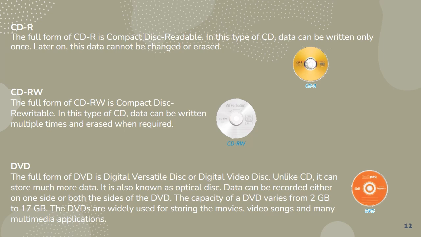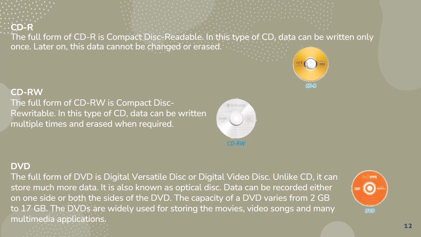CD-RW. The full form of CDRW is compact disc rewritable. In this type of CD, data can be written multiple times and erased when required. DVD. The full form of DVD is Digital Versatile Disc or Digital Video Disc. Unlike CD, it can store much more data.